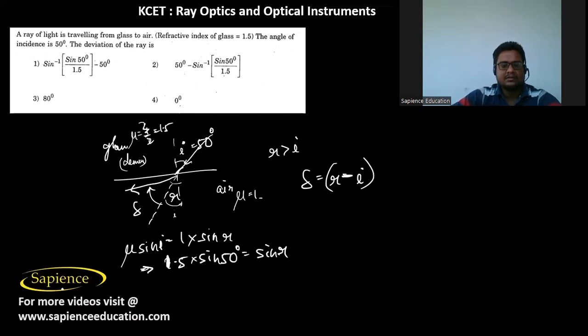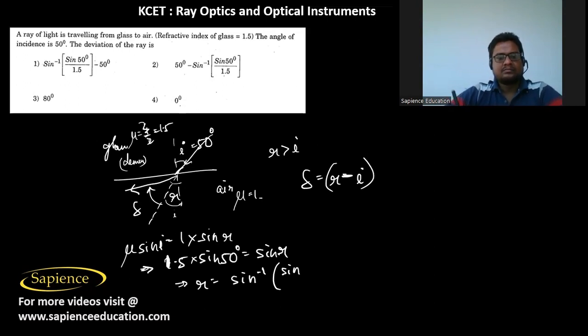Therefore r will be equal to sine inverse of 1.5 into sine 50 degree.